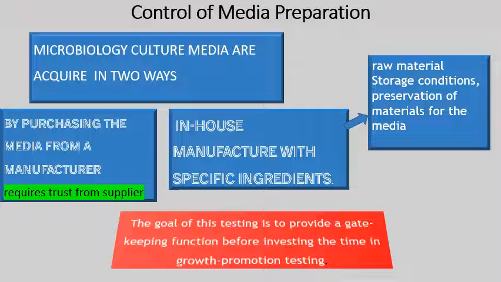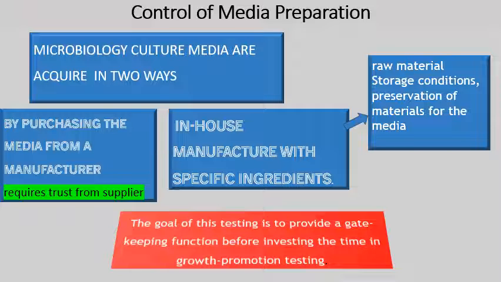Then storage condition. The raw materials, including the media that's being prepared, must meet the standard storage condition so that the media may not lose its texture, may not be over-dried, or may not be destroyed by improper storage condition.